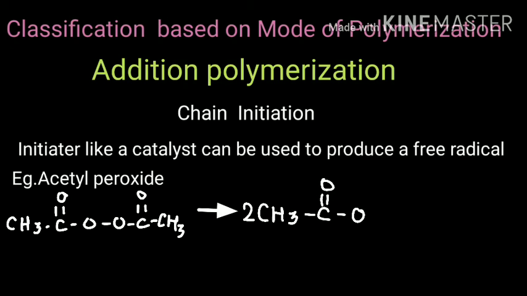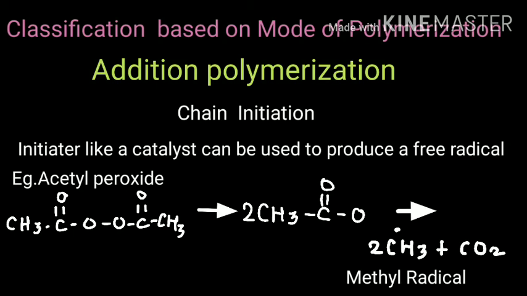If we further eliminate carbon dioxide, then we are left with CH3, which is the methyl radical. Why is there one dot above CH3? Because the valency of carbon is 4 and we have only 3 H atoms attached to it. So one valency is vacant. Hence the formation of the free radical methyl.